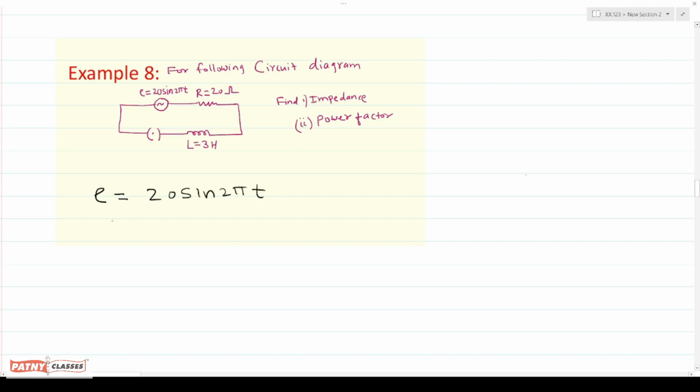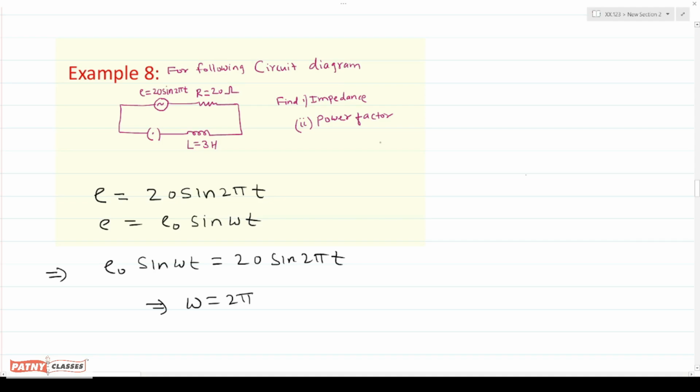Comparing with the standard equation E equals E naught sine omega t, we get omega equals 2 pi. After that, R equals 20 ohms, L equals 3 Henry.